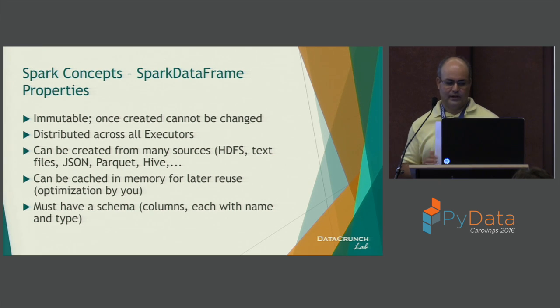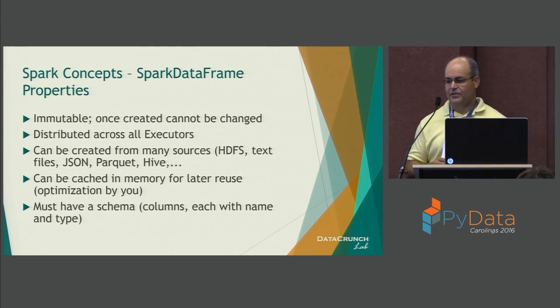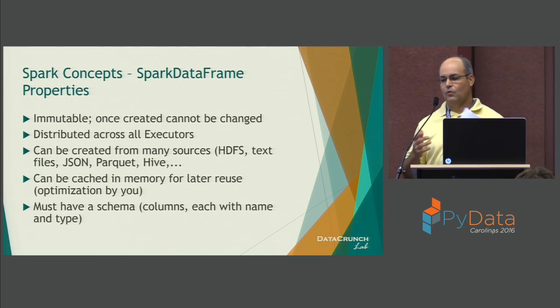Another property is that SparkR DataFrames are distributed across all the executors in a cluster. They can be created from many different sources: Hadoop file system, text files, JSON, Parquet, Hive, etc. Data frames can be cached in memory for later use, so throughout your application, you may want to deliberately request that a SparkR DataFrame be cached, because by default, once the data frame is used, it basically gets destroyed once it's no longer needed.